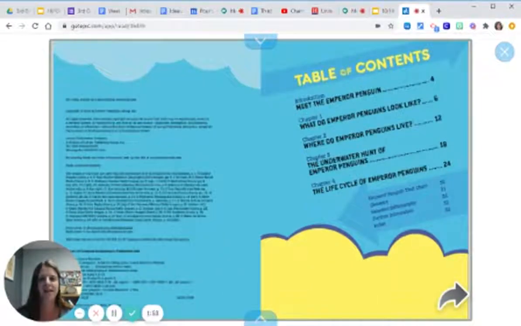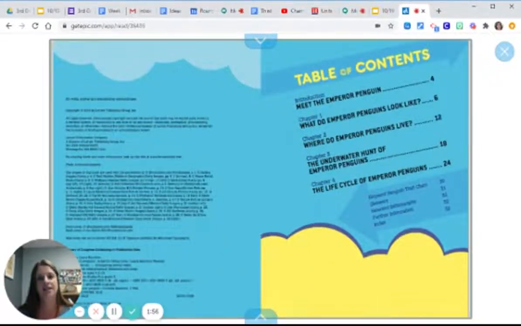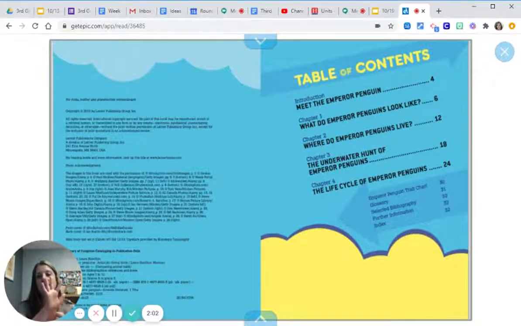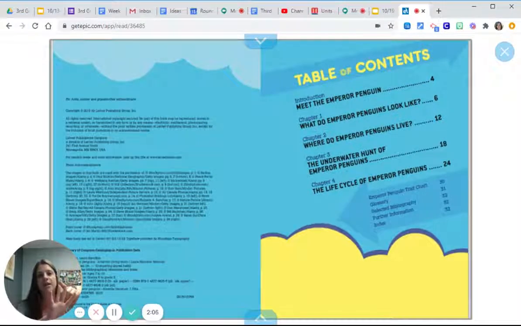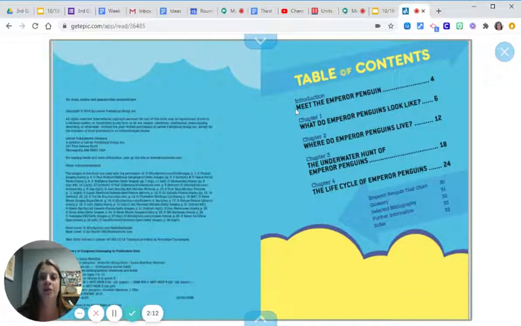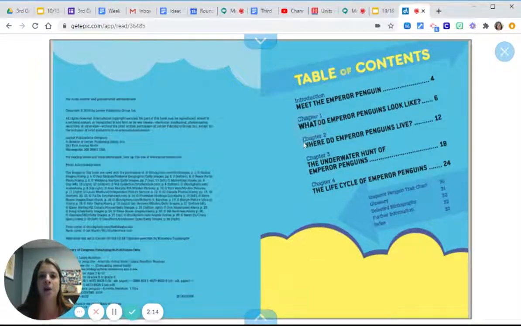And I'm noticing that there's a table of contents. And when I think about this table of contents, I think about how we had our topic, like cats. And then I'm wondering if each of our subtopics could be the table of contents. So if this whole book is about emperor penguins, each chapter is divided up into subtopics about emperor penguins.